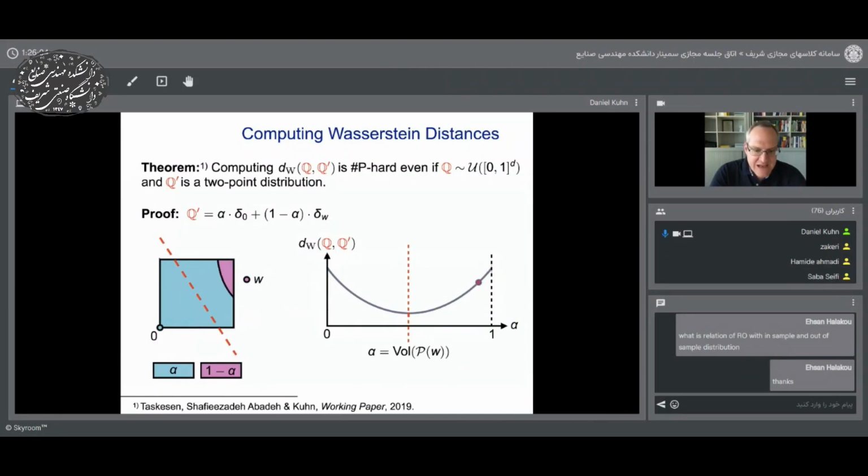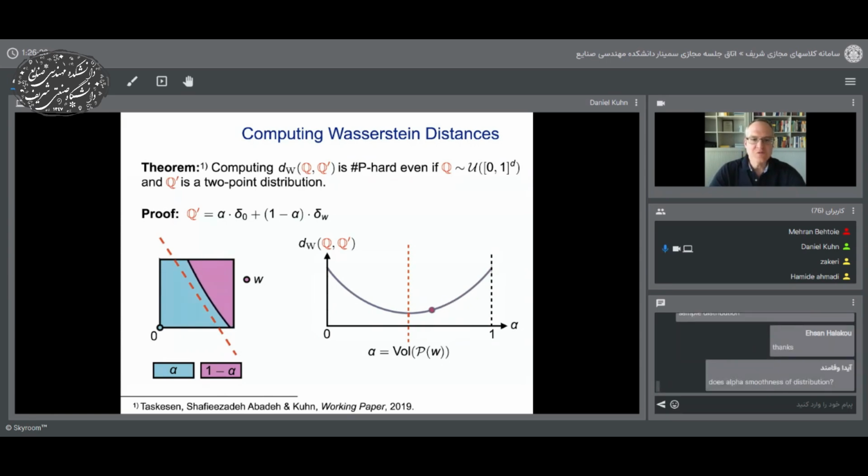You see that the Wasserstein distance between Q and Q prime is exactly minimized when all those points that are closer to 0 are moved to 0, and all those points that are closer to W are moved to W. In this case, alpha is exactly equal to the volume of the knapsack polytope P of W. Now assume, for the sake of argument, that it would be easy to compute the Wasserstein distance between Q and Q prime for any alpha.